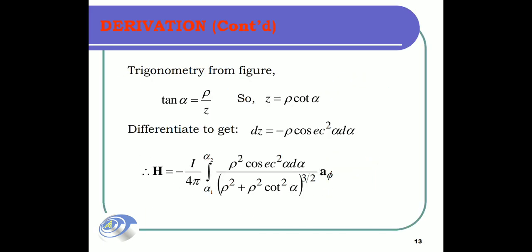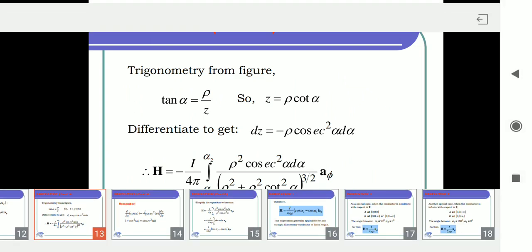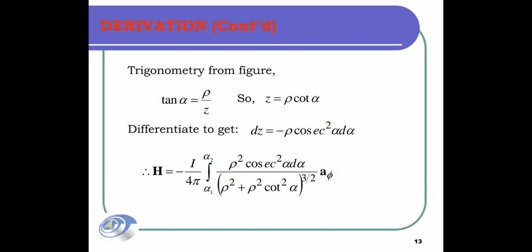Tan alpha is equal to rho divided by z. Okay, so z is rho divided by tan alpha. 1 by tan alpha is my cot, so z is equal to rho cot alpha. Okay, so differentiating this, differentiation of cot is minus cosecant squared, so dz equals minus rho cosec squared alpha d alpha.